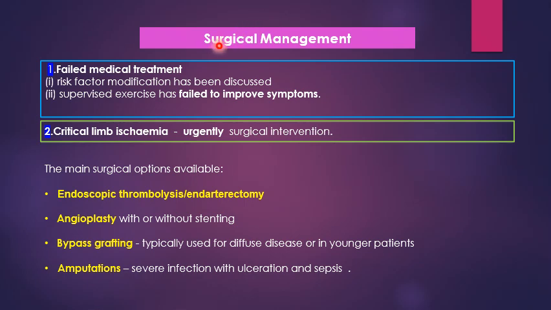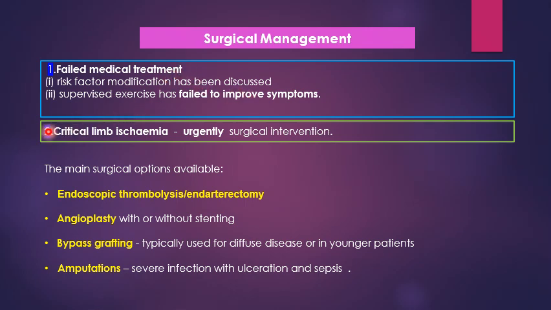Okay, now what are the surgical management options that are available for these patients? First, when do you refer for surgery? When do you consider surgical management? Two main conditions. One is failed medical treatment: when all this controlling of the risk factors and all the conservative measures and medications that you have mentioned just now fail, then you have to consider the patient for surgery.